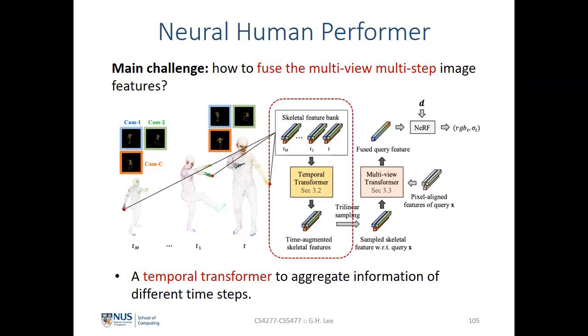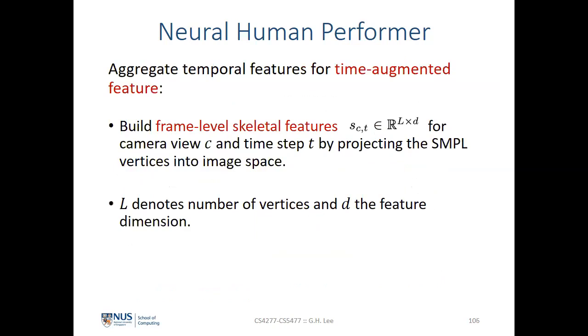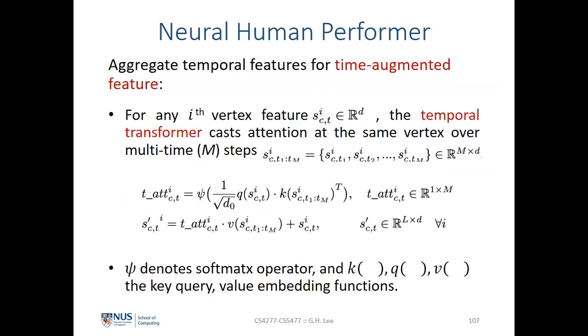The temporal transformer handles a point that's seen over multiple views, over different time steps. I want to fuse all these points together in a temporal transformer. So basically, this is just introducing a transformer where you can fuse all the multi-time step feature correspondences into the output features over here.